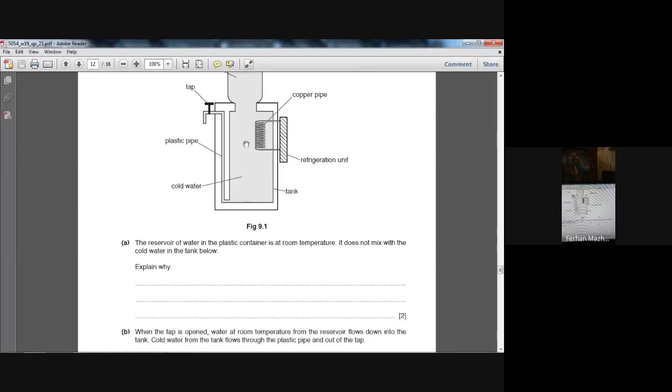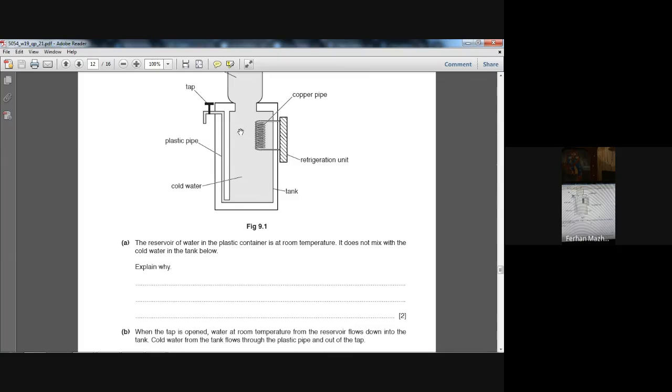The water here is hot. The gas is inside the copper pipes. The water is outside the copper pipes. The water has surrounded these copper pipes.